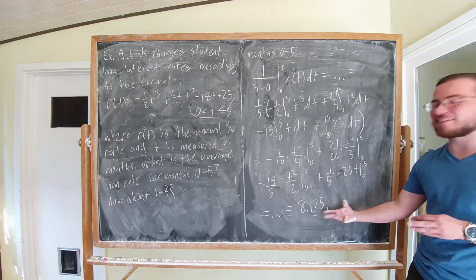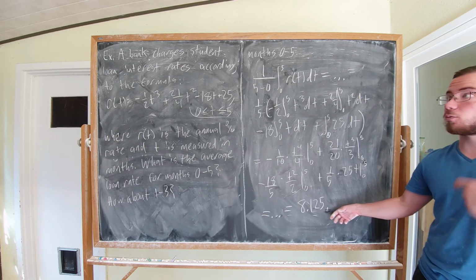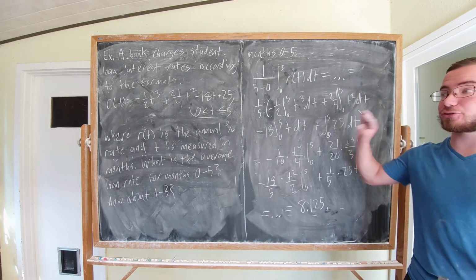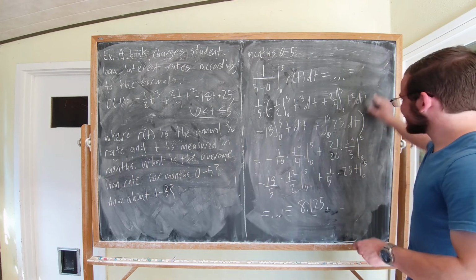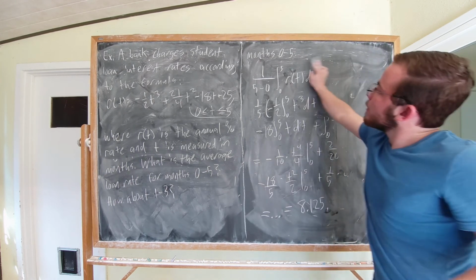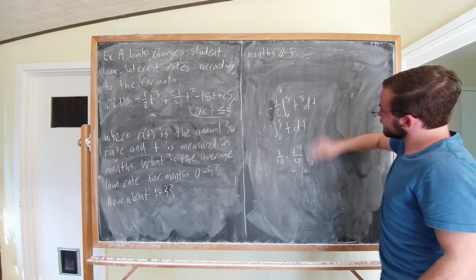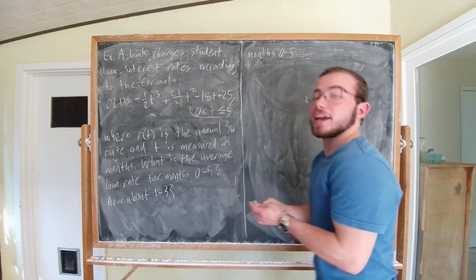Once you've convinced yourself that it is in fact 8.125, let's take months 1 through 3. I'm going to erase this half so we have all our problem statements still. So months 0 through 5 would be 8.125.